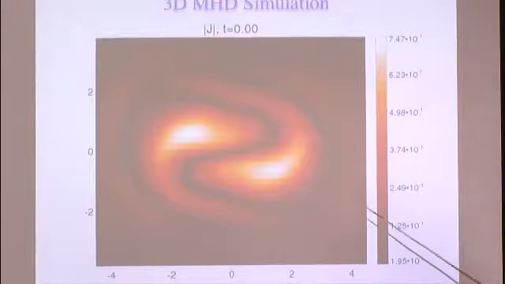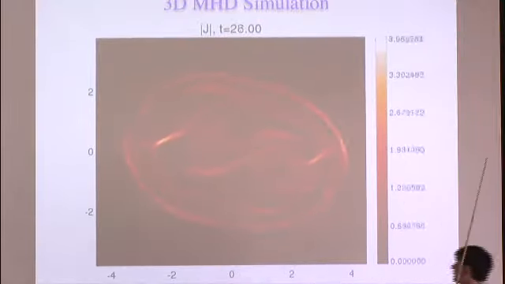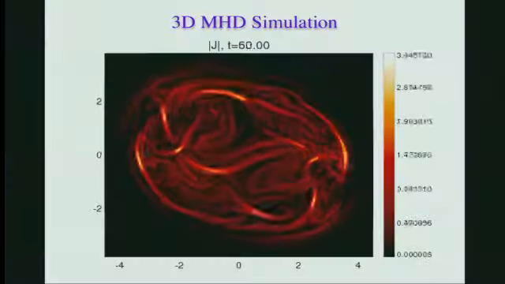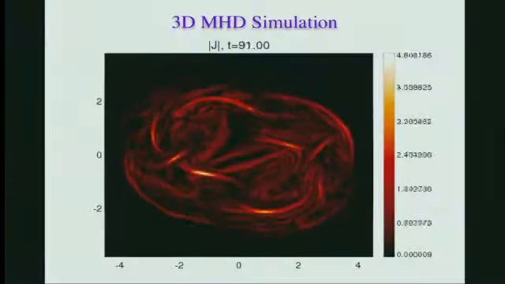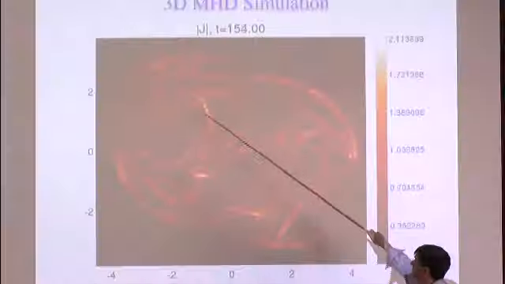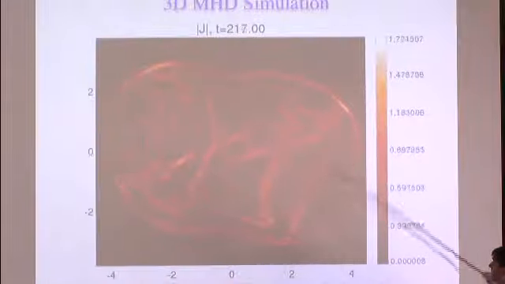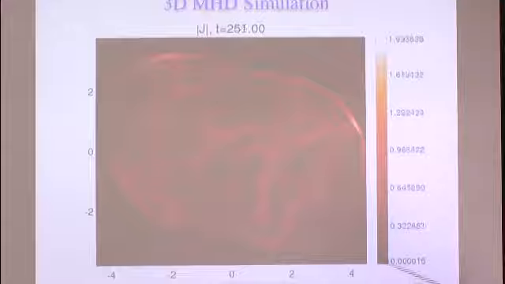Initially this is quite a smooth structure, and if you now let this relaxation run, you see that quite quickly these intense current sheets form and they trigger other current sheets, and the whole thing becomes kind of turbulent motion.